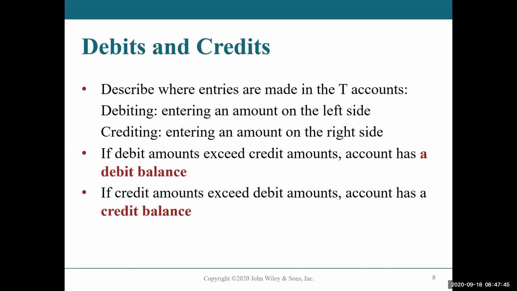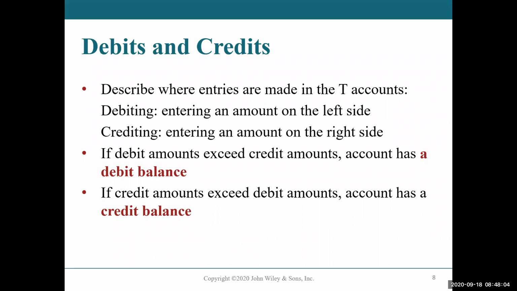Your debits and credits work exact opposite of each other. If debit is good, then credit is bad. If credit is good, then debit is bad. One side will take the account balance up, and the other side brings the account balance down.